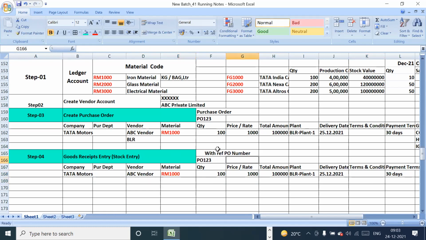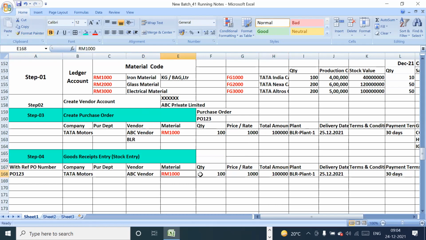Then the system is going to generate. With reference to the purchase order, we are going to perform the stock entry.